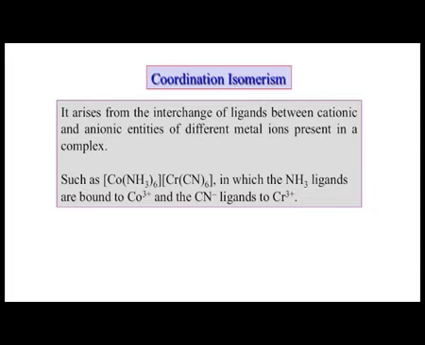Now, if there is an interchange, that means the cobalt will come over here and chromium will go there. That is also a reality, when the cobalt is going for binding to cyanide groups and the chromium is going for binding to the ammonia ligand.